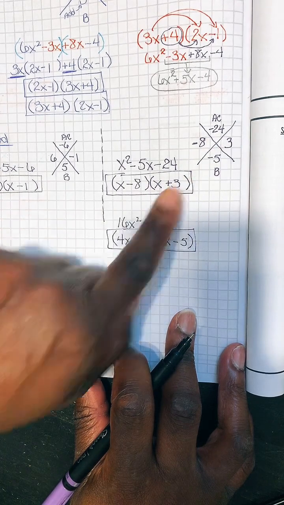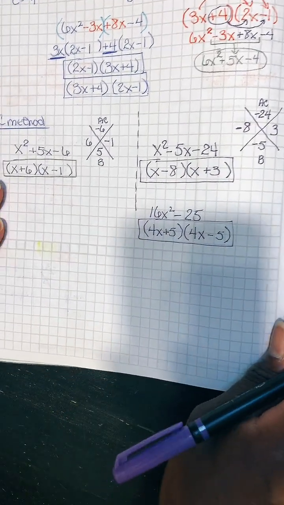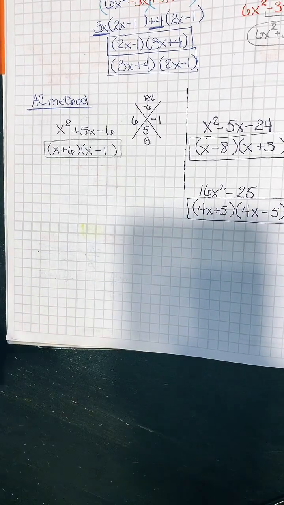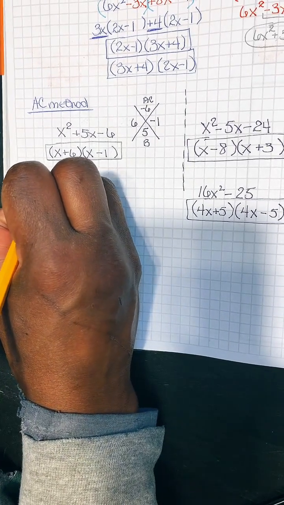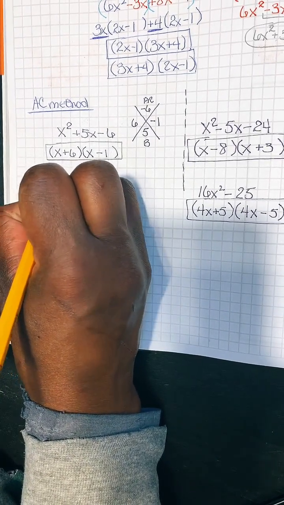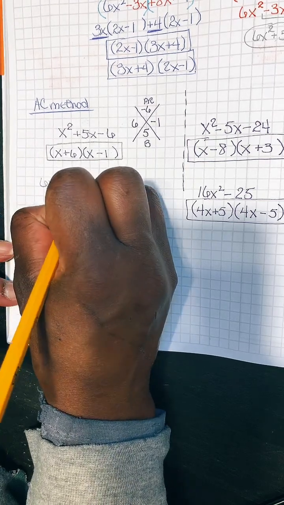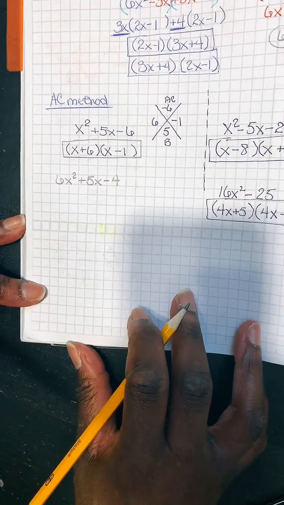Once you figured those out, put those down. But let's do the last one, the last one that we did. So that one was 6x squared plus 5x minus 4.